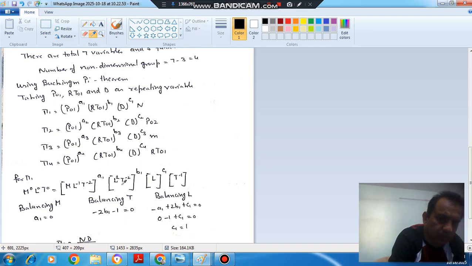Balancing for T, it will be minus 2B1 minus 1, so B1 will come out as minus 1 by 2. Now balancing for L, 2B1 plus C1, and putting the value of B1 as minus 1 by 2, C1 will come out as 1.